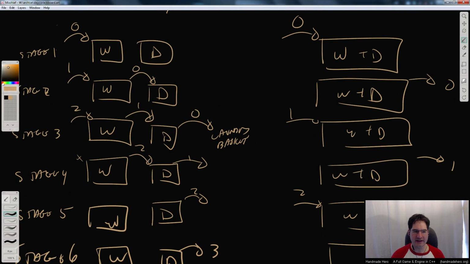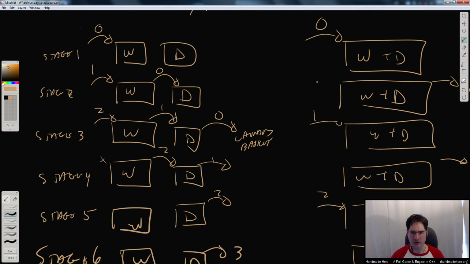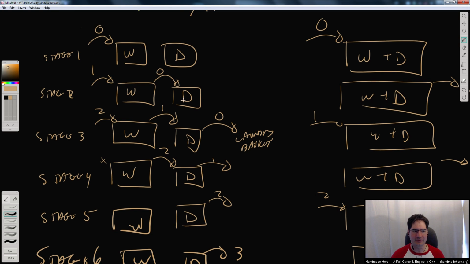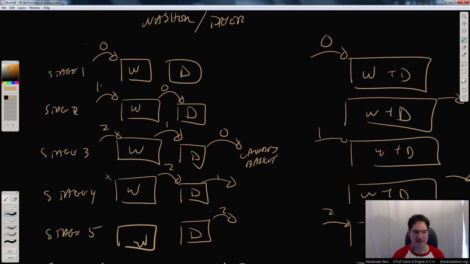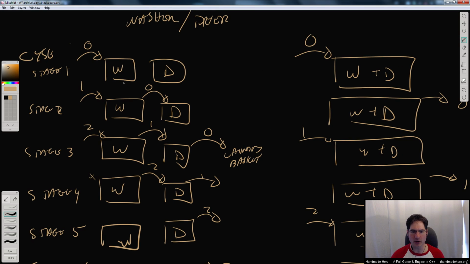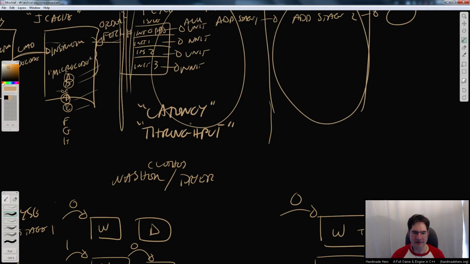So translating that into our washer-dryer diagram, the latency does not change based on the pipelining. The number of cycles it takes to do my wash and dry is going to be 2 no matter which of these I do. It takes 2 cycles for me to wash and dry something, and so that is the latency number.